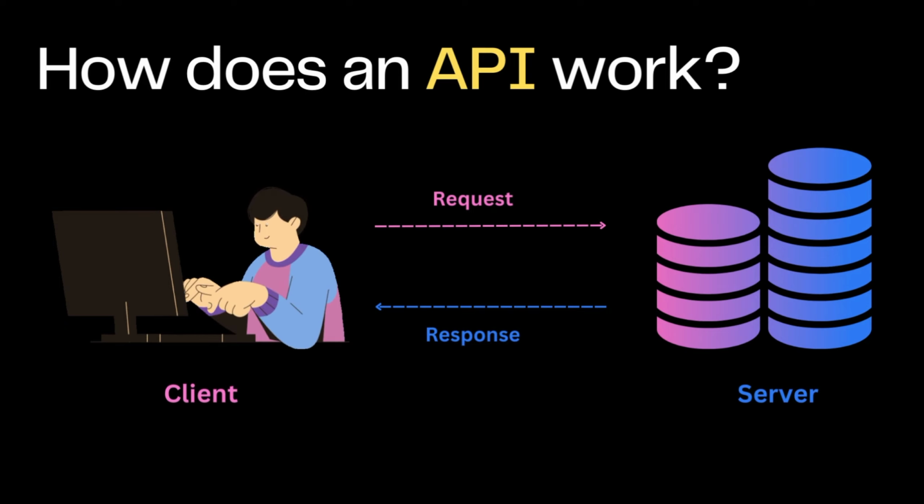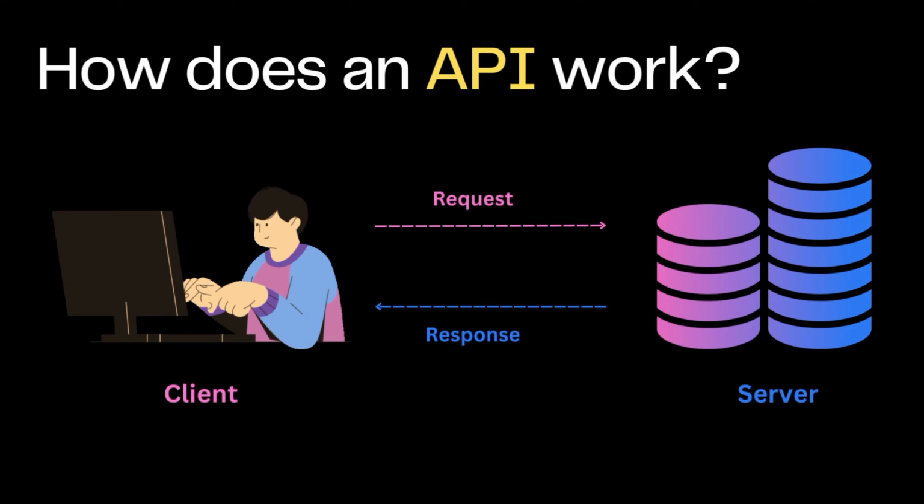Okay, so now let's talk about how does an API actually work. API architecture is usually explained in terms of client and server. The application sending the request is called the client, and the application sending the response is called the server.